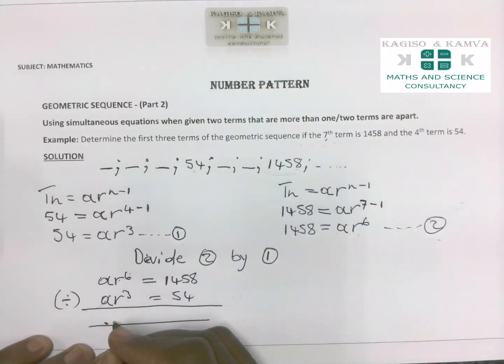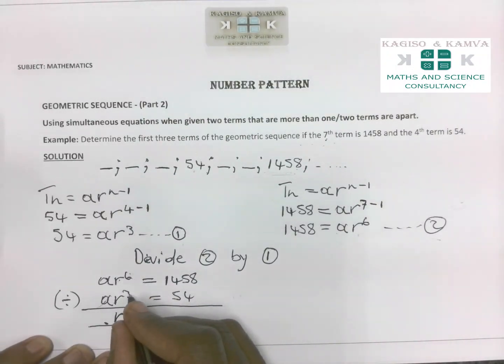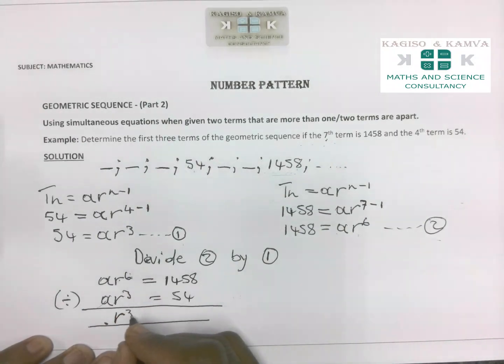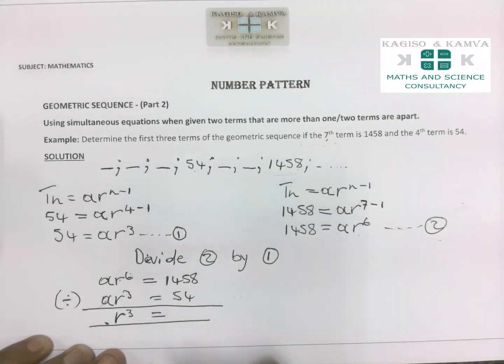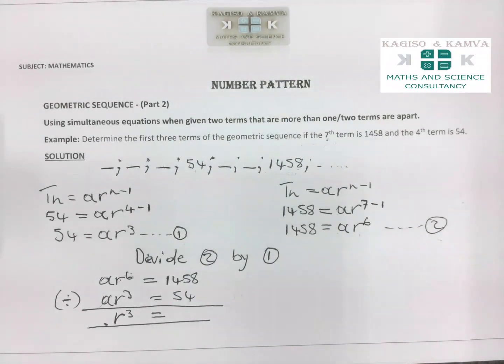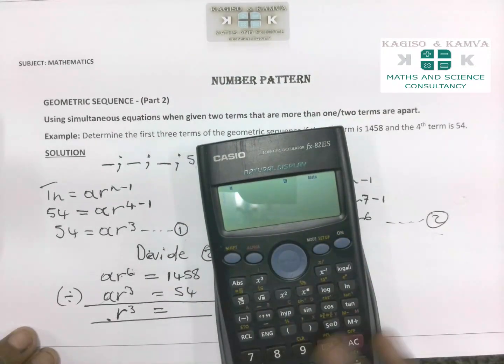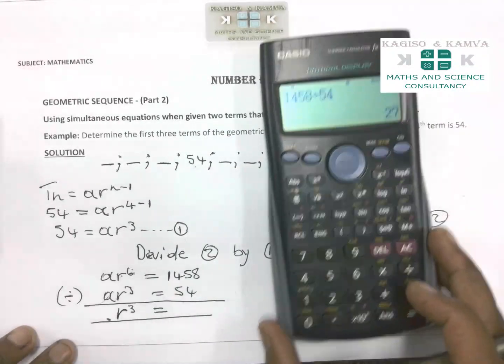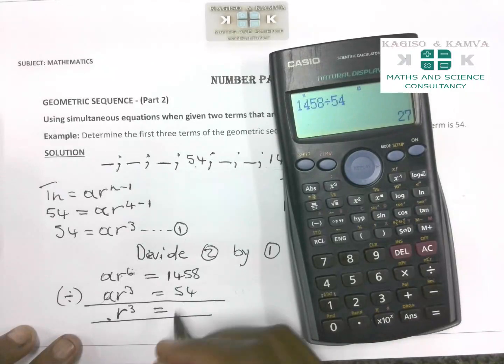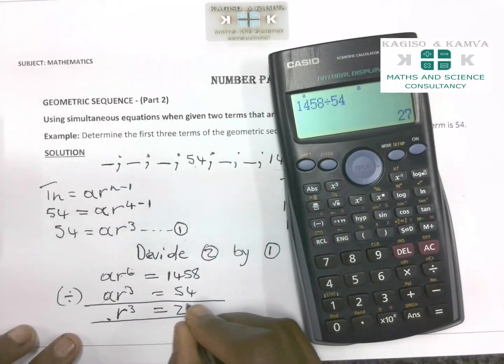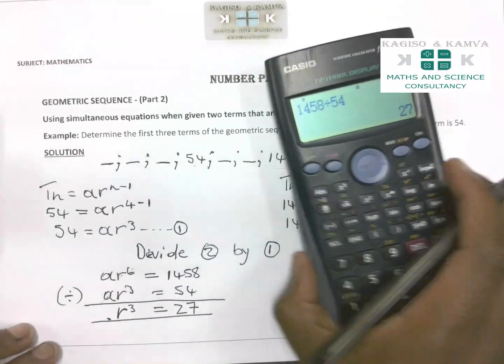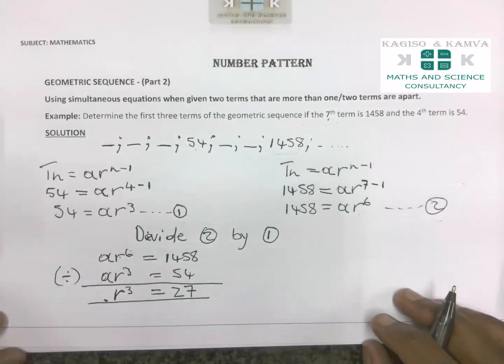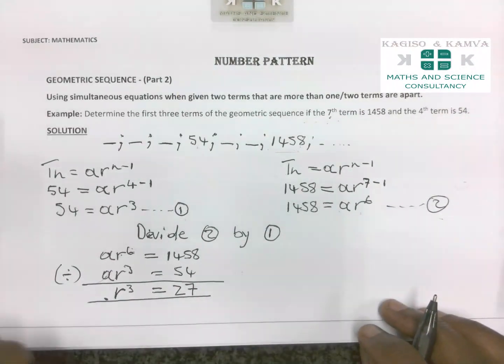So we just have r to the power of 6 minus 3, which is r cubed. On the other side, 1458 divided by 54 is 27.